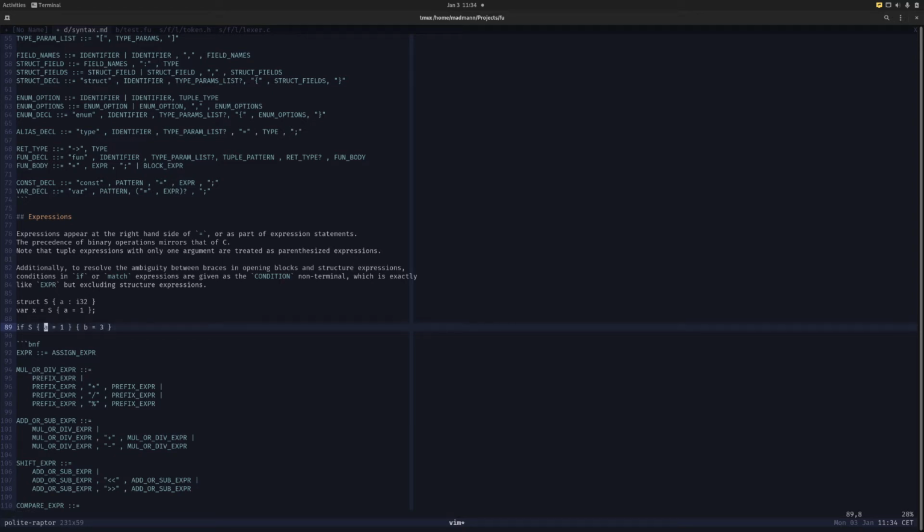Right? And this can be understood as: if S, so if this expression here, if S here evaluates to true, which by the way doesn't type, but we're not dealing with this at this point.